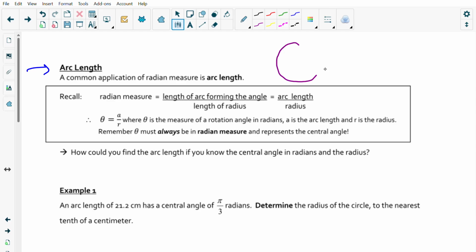So if I have my circle like this, I form an angle with 2 rays, and then in red, this is the arc length of the arc forming the angle. So this is my angle theta.